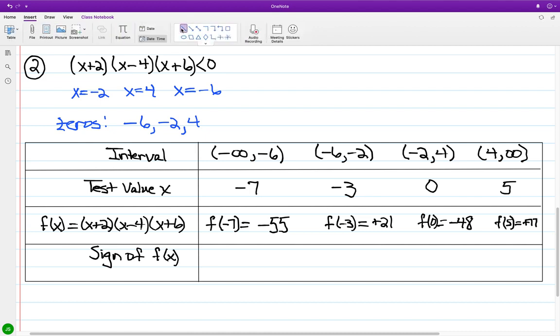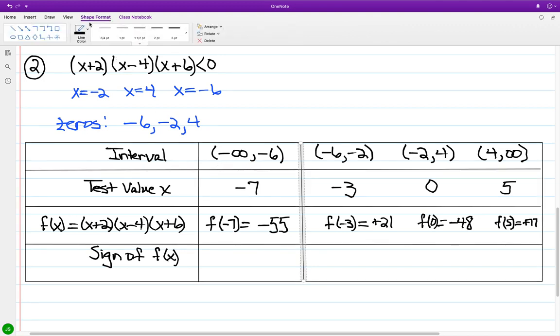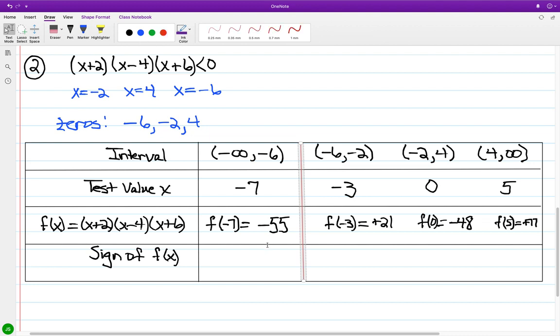Okay, so taking what we have now, in the first setting, we have f of -7 equal to -55. Anything you plug in less than -6, the output is going to be negative.